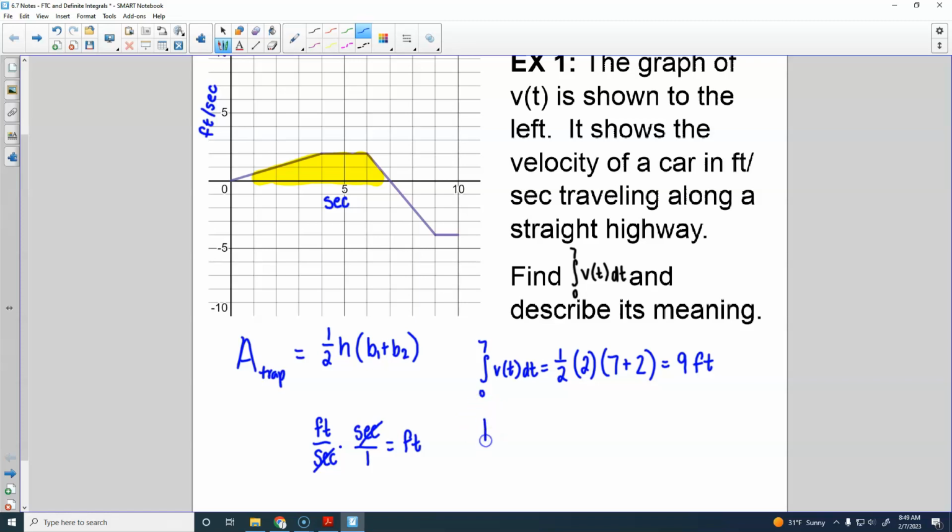So we would say from t equals 0 seconds to t equals 7 seconds, the car moves 9 feet to the right.